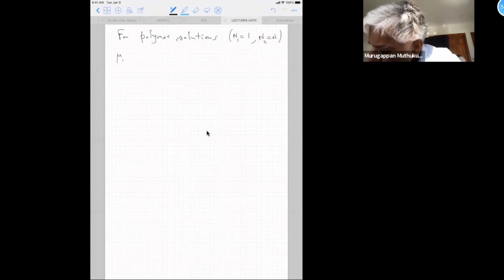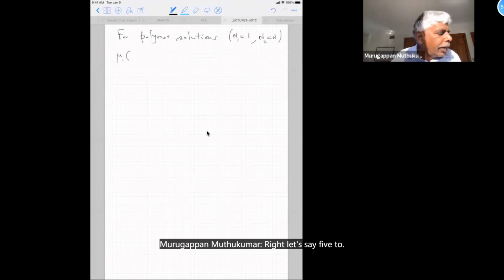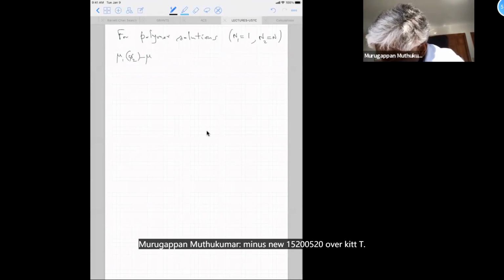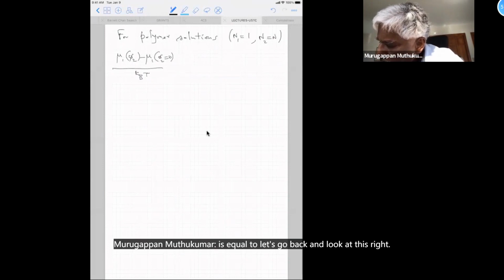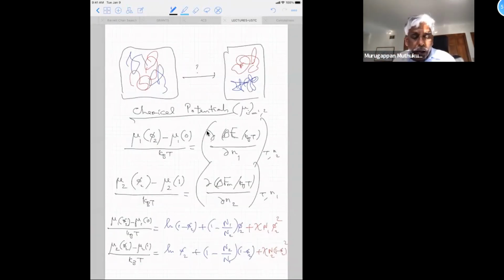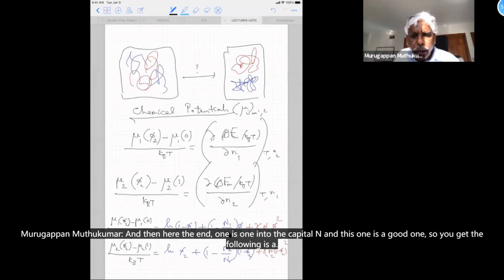Mu1 at phi2 minus mu1 at phi2 equal to 0, by kBT, is equal to, let's go back and look at this. Log of 1 minus phi2, and then here N1 is 1, N2 is capital N. So you get the following result.